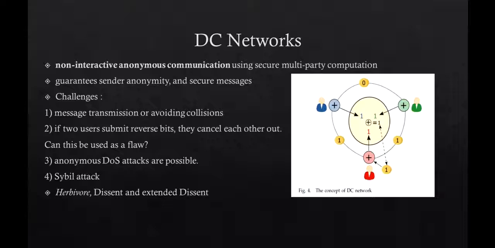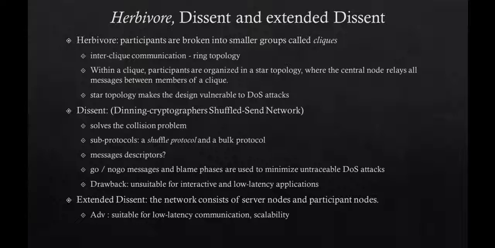This is the inter-clique communication. Within the clique, the participants are organized in a star topology where the center node relays all the messages between the members of the clique.